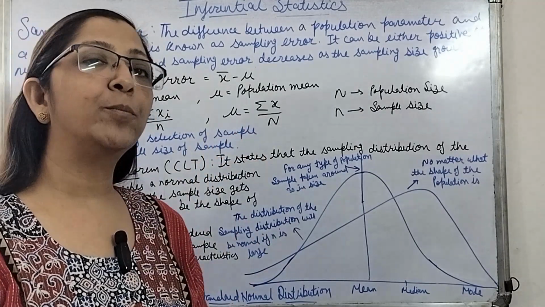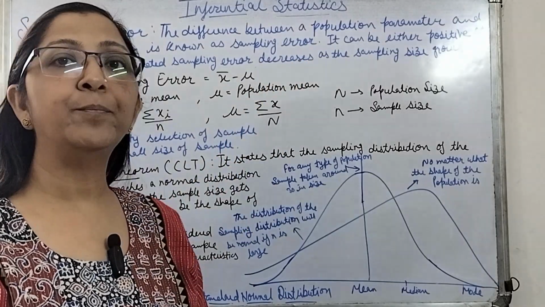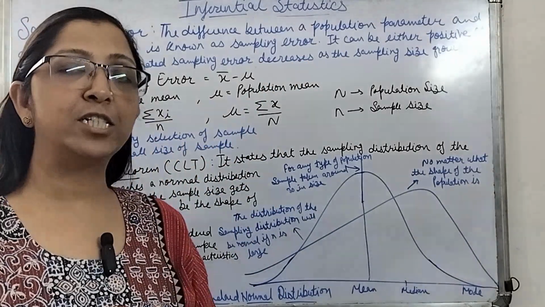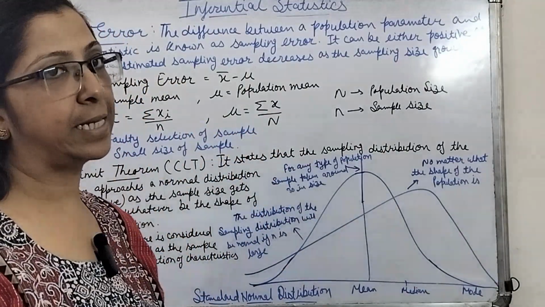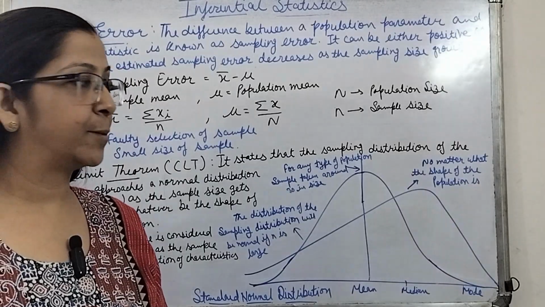In that case, we won't get proper accuracy in finding your mean. So if the size of the sample is very small, in that case also there will be error in the sampling. These could be some of the reasons.